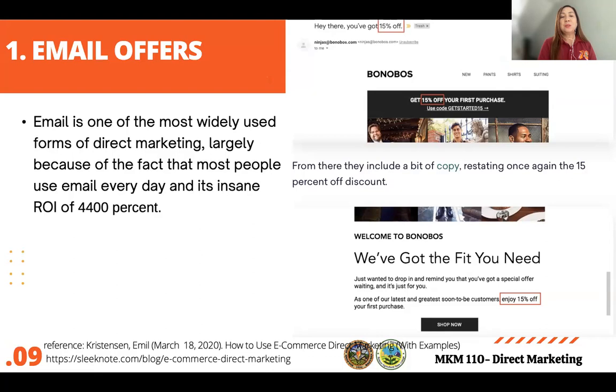Email is one of the most widely used forms of direct marketing, largely because most people use email every day, and the ROI, or return on investment, is an insane 4,400%.